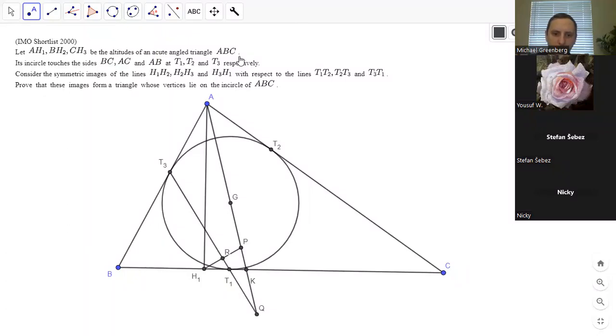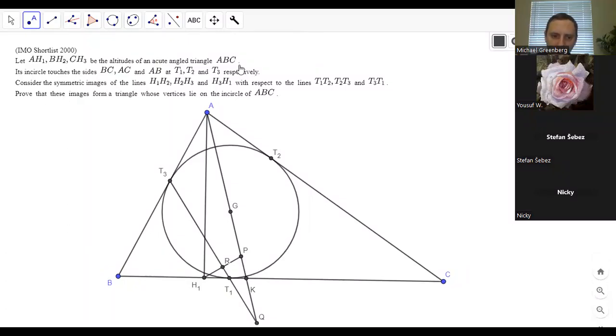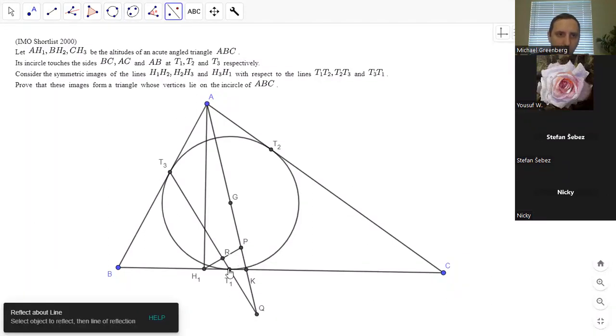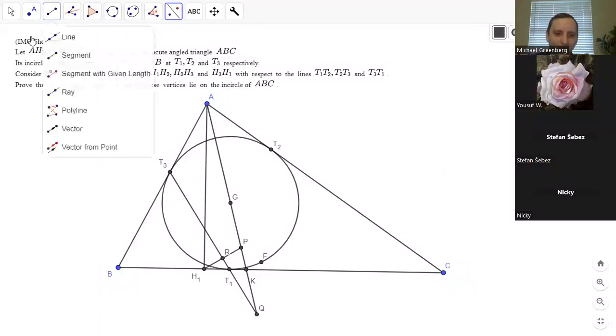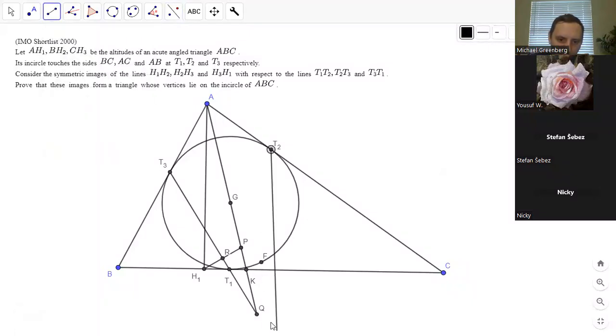We can take F reflecting T1 through AG. So T2F passes through Q. If I reflect T1 over AG and call it F, then T2F passes through Q. That's true by symmetry.